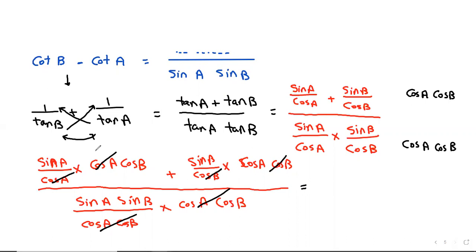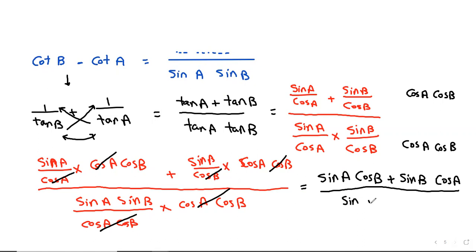You are left with sine A at the top, cosine B, plus here we have sine B multiplied by cosine A over sine A, sine B. You know, here in the question we have in the denominator sine A, sine B, and here we have sine A, sine B.